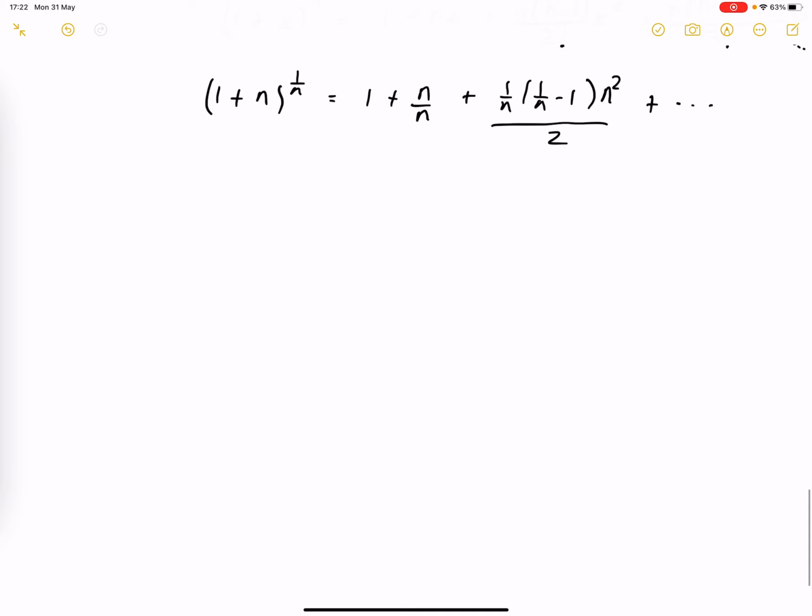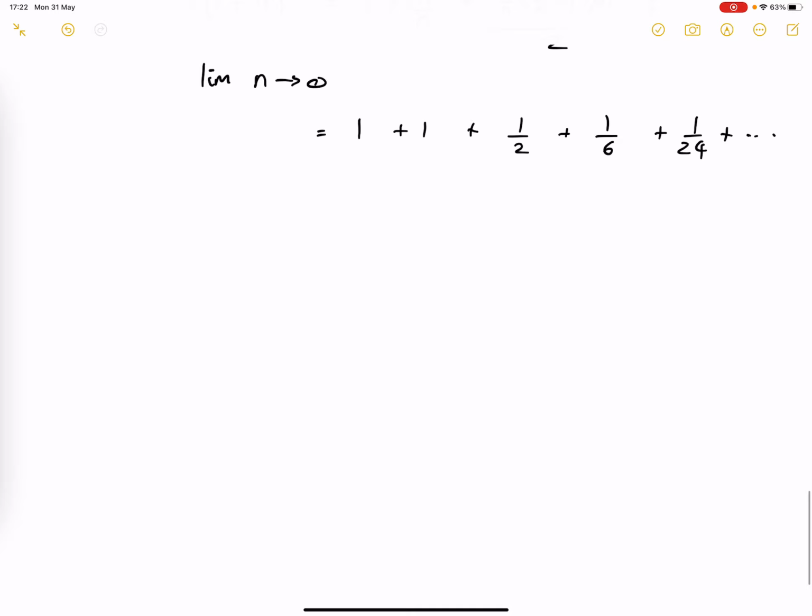And if you evaluate this and you let n tend to 0, what you get is 1 plus 1 plus 1 over 2 plus 1 over 6 plus 1 over 24, and more terms if you went that far.